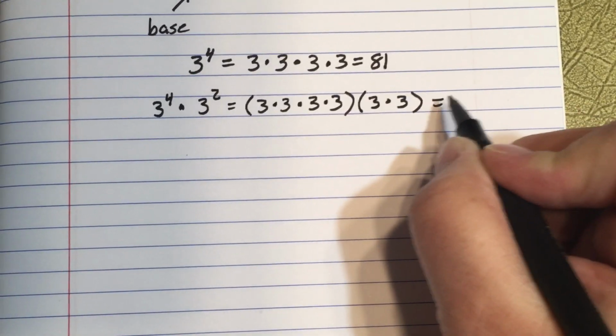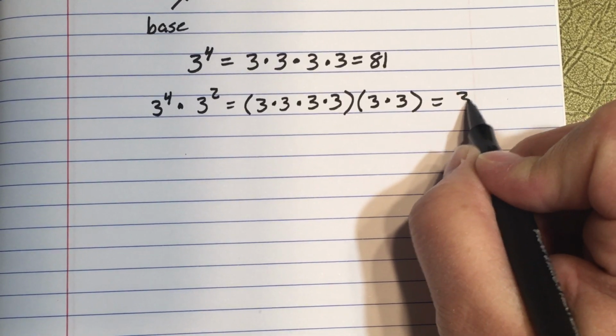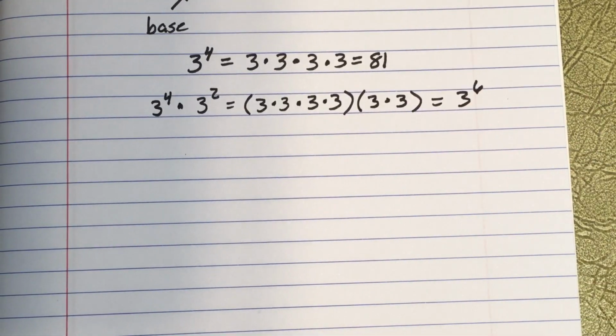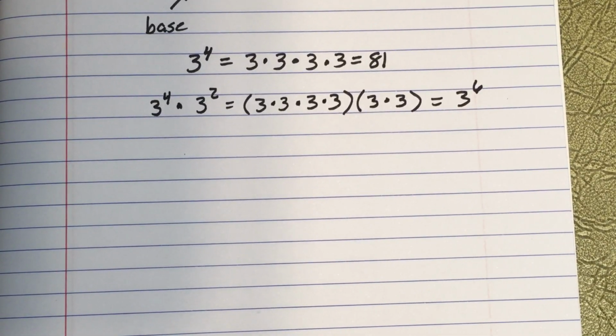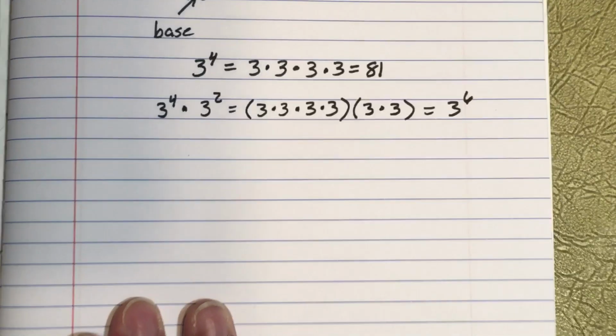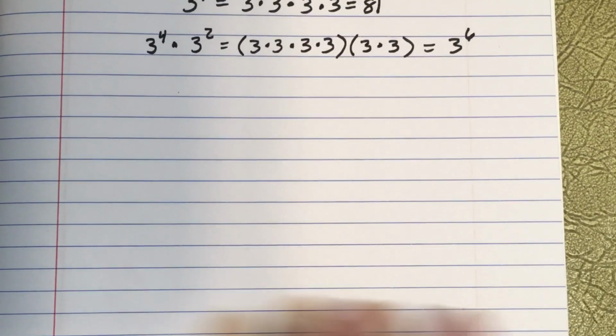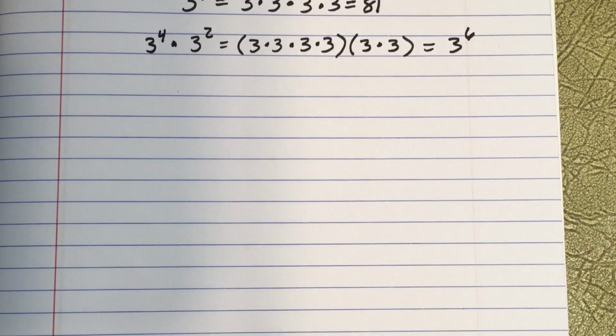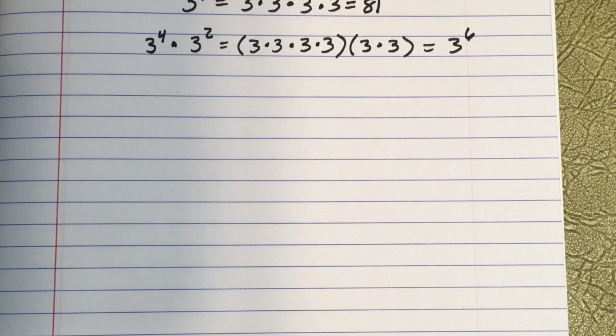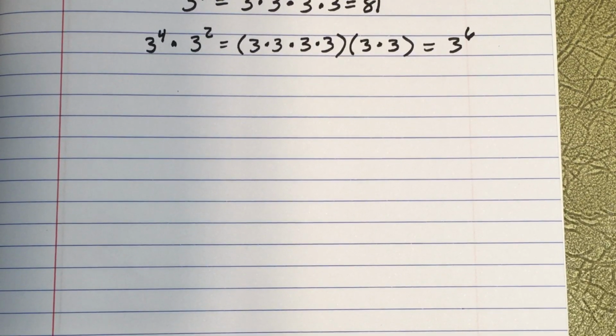And that would be equal to 3 to the 6th power, because now there's 3 being used as a factor 6 times. There's a shortcut for this that's called the product rule of exponents. What does that mean? The product rule.